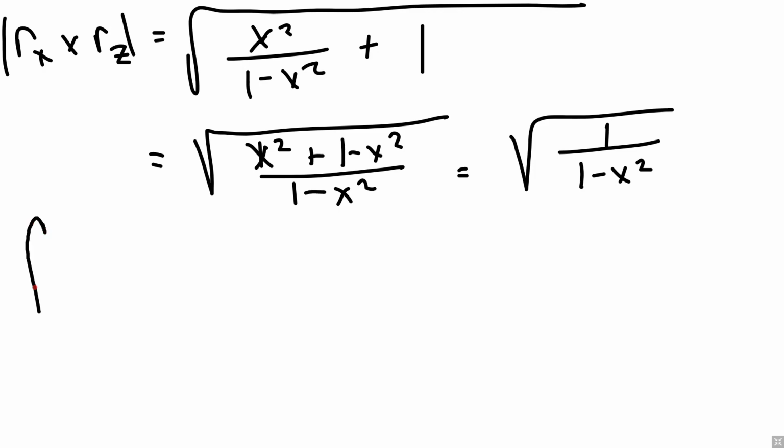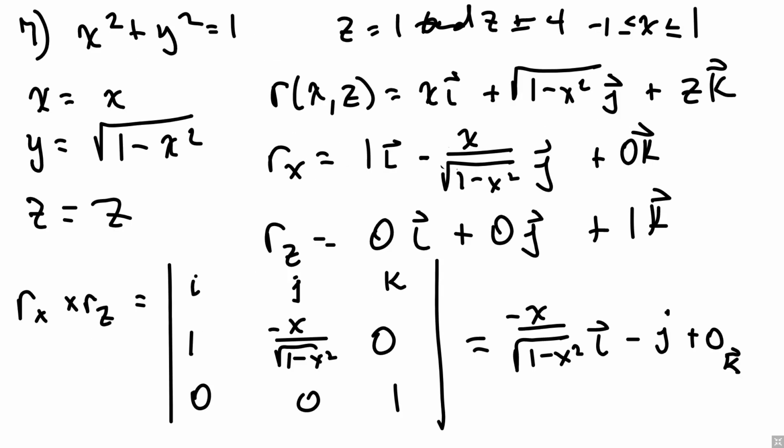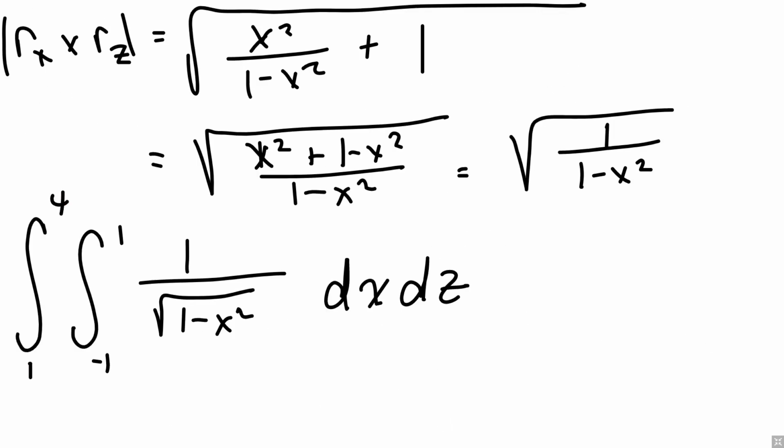Okay, so we're going to do our double integral of 1 over the square root of 1 minus x squared, dx dz. Now, we said that x runs from -1 to 1. We said that z runs from, I think, 1 to 4. Okay. All right.